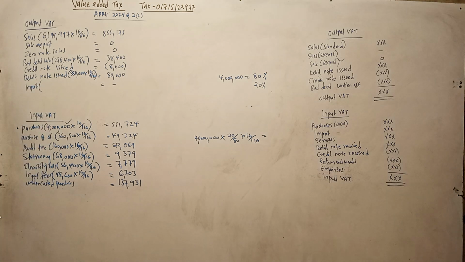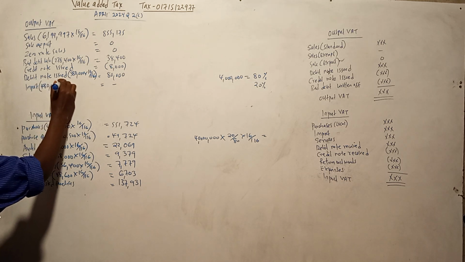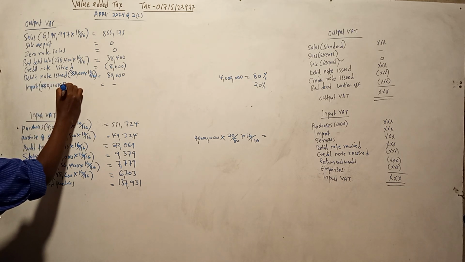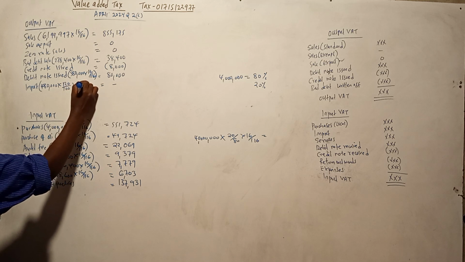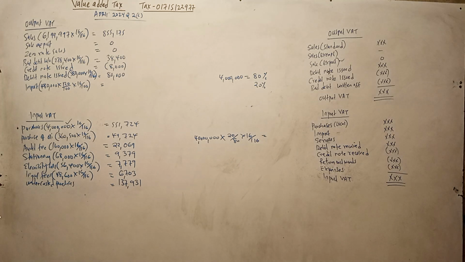Na hiyo import, ametuambia import duty was 20%. So we need to consider that one as 80,000 times 120 over 100 times 16 over 100. Inafaa ikuwe hivyo because it's an import na iko na import duty. So kila iko tuna import duty, hiyo ndio the formula.